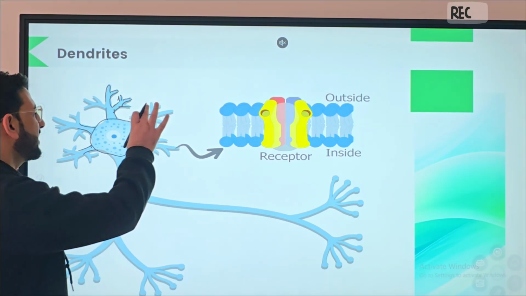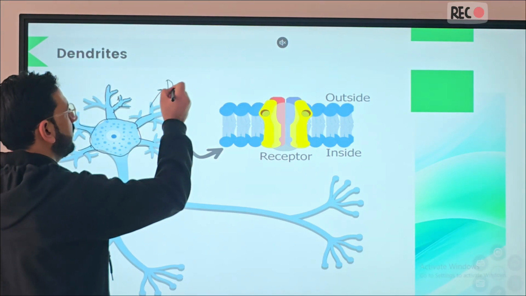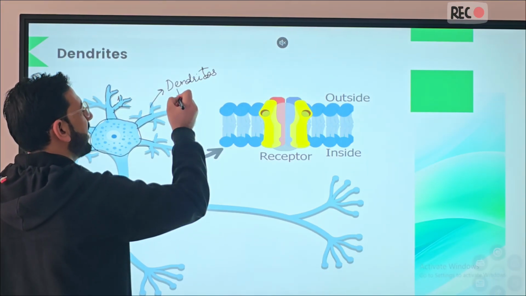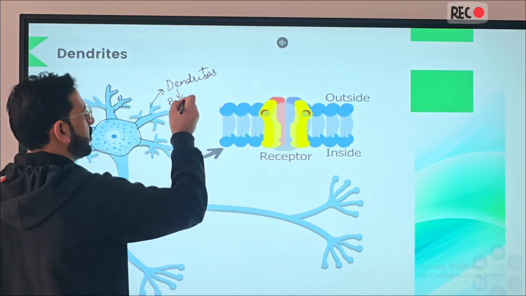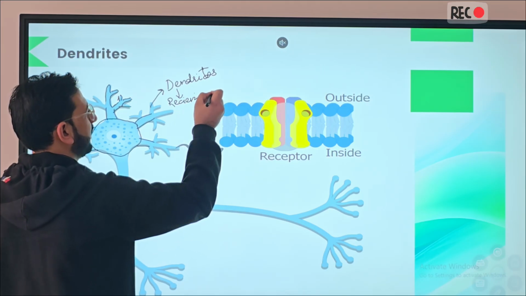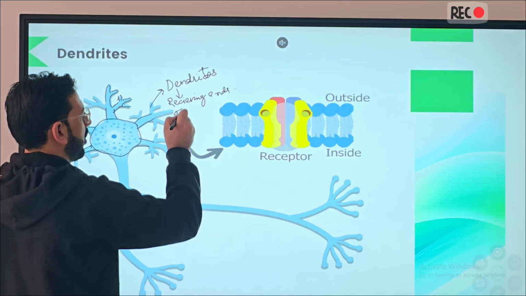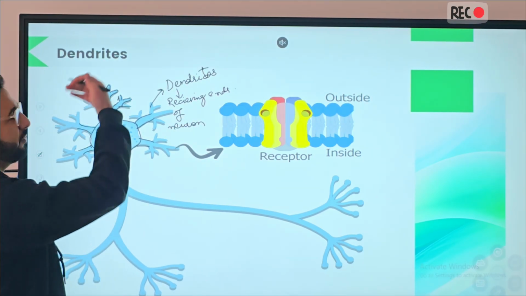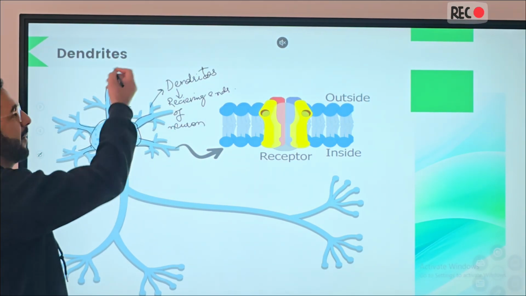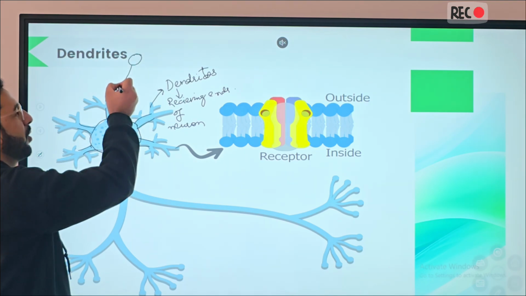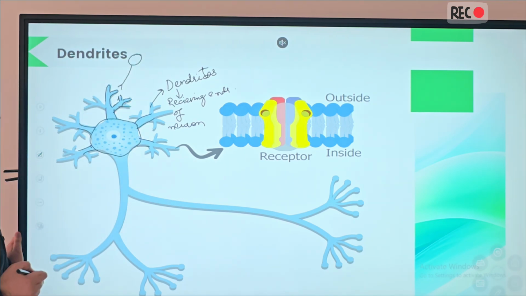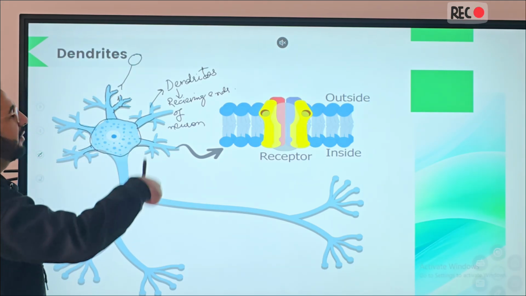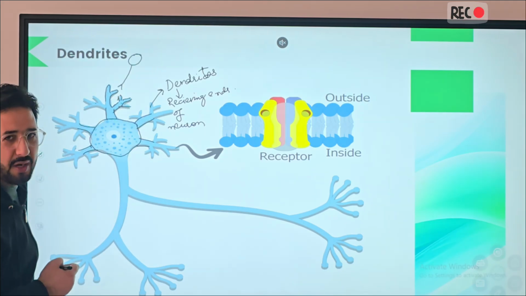Now these dendrites are very, very important, because they are the receiving ends of the neuron. That means if this neuron has to receive a signal from another neuron, the signal will be received with the help of these branches, called dendrites.